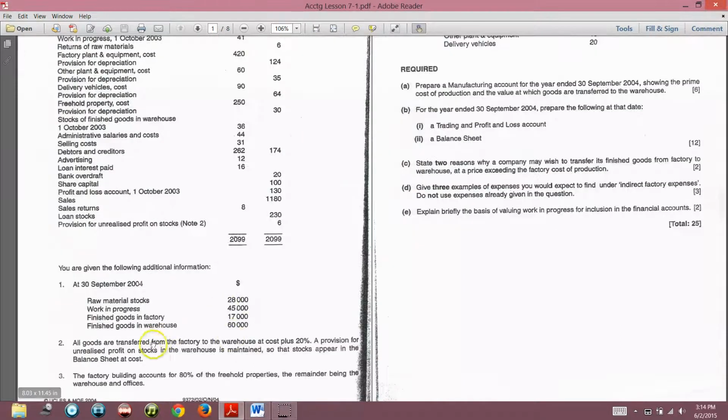So that means all goods are transferred from the factory to the warehouse at cost plus 20%. You see, when you have a big supermarket, for example, you have factories, some in Singapore, some overseas, and then you have the trading stores. How are you going to manage your workforce so that everybody becomes motivated and responsible for what they are doing?